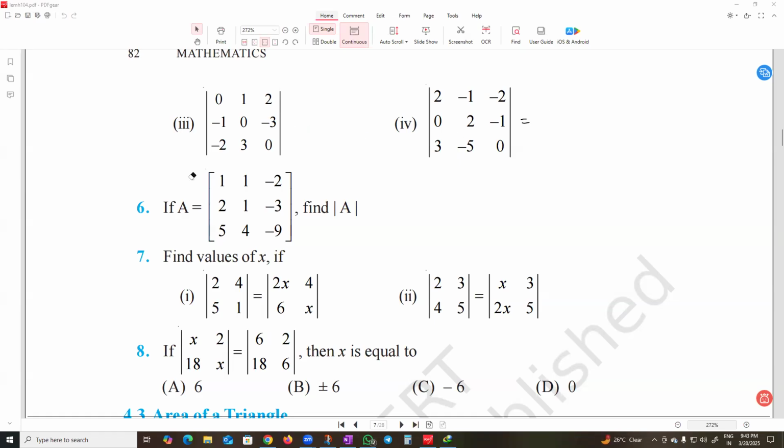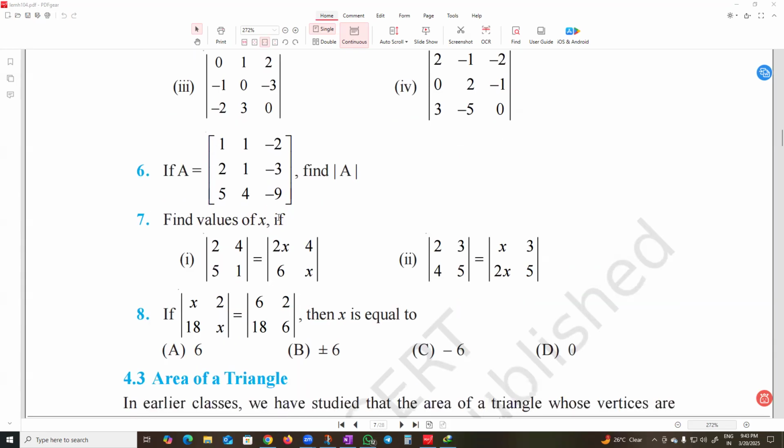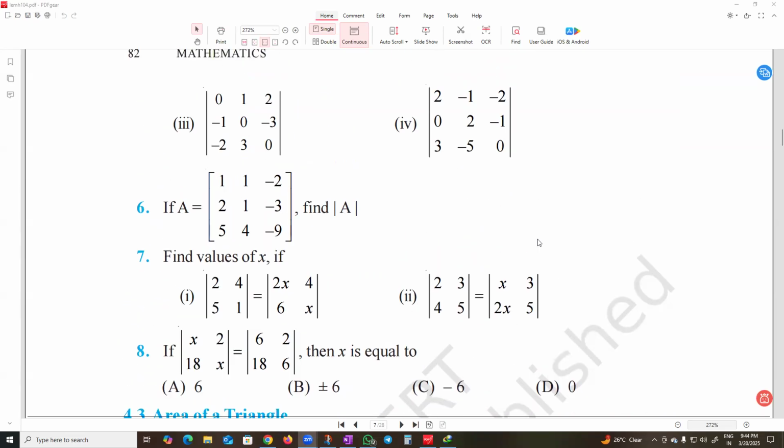Is there any difference? And then calculate this one, the sixth one. How much is the sixth one? Sixth answer, how much? 0.